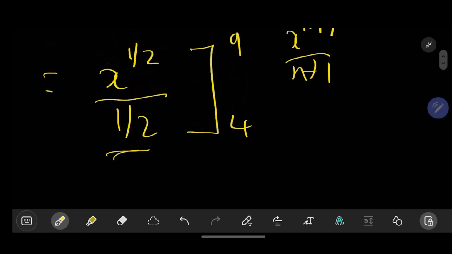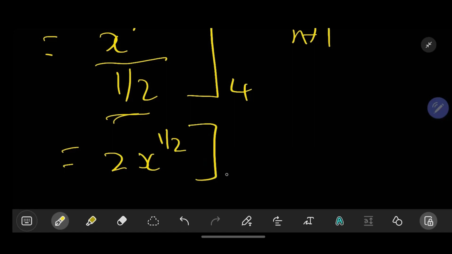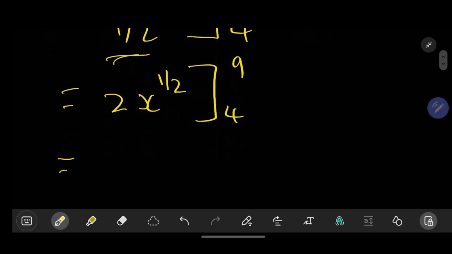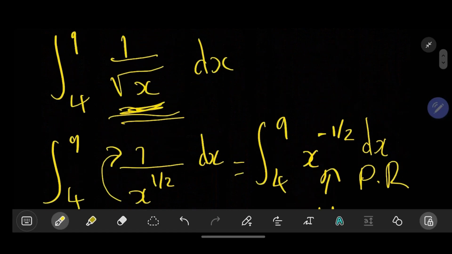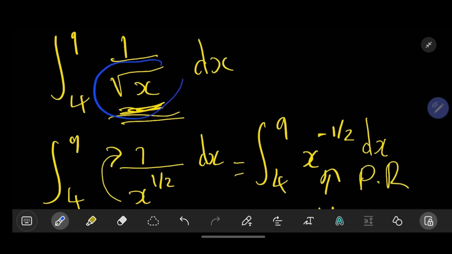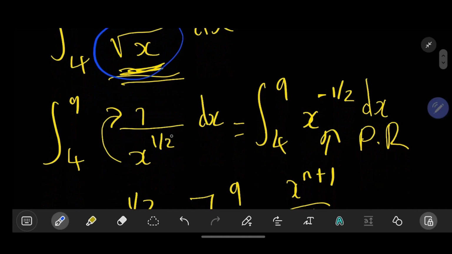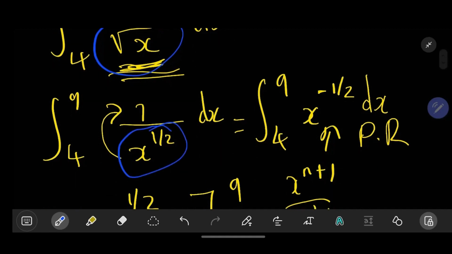Now we can get rid of the denominator by multiplying everything out by 2. So we can rewrite this as 2x raised to the half, with limits of 4 to 9. Now what do you think we can do at this step? We took the square root and rewrote it as x raised to the half.